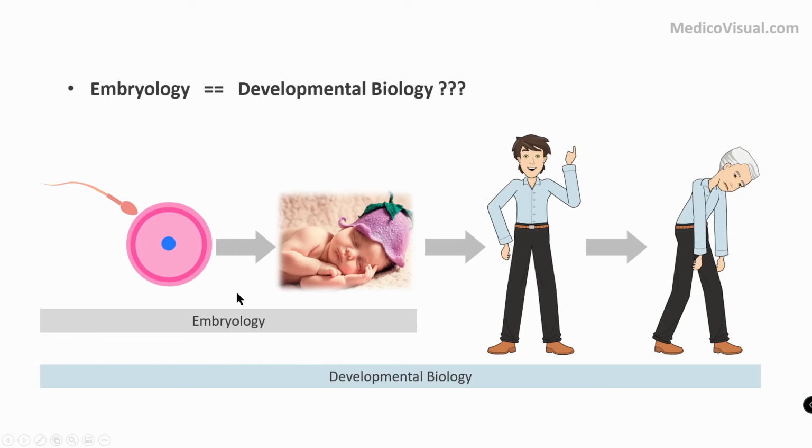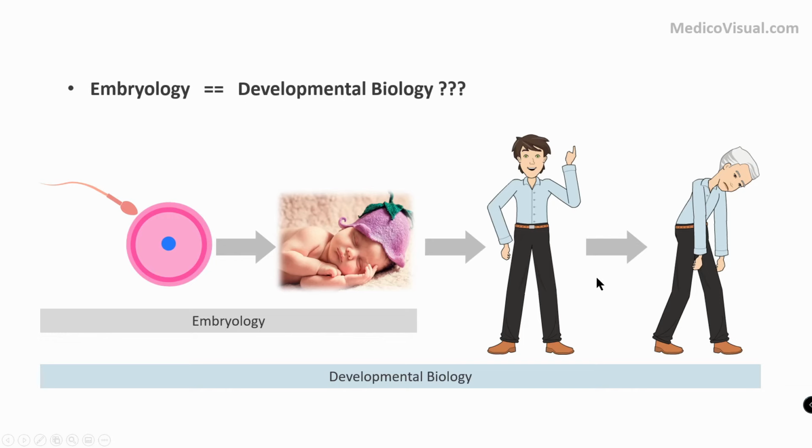You have a question? Then what is developmental anatomy? Yeah, there is a term called developmental anatomy. It is a field of study, and developmental anatomy is a branch of developmental biology. And in developmental biology we study not just anatomy, we also study the genetics of this process of development.